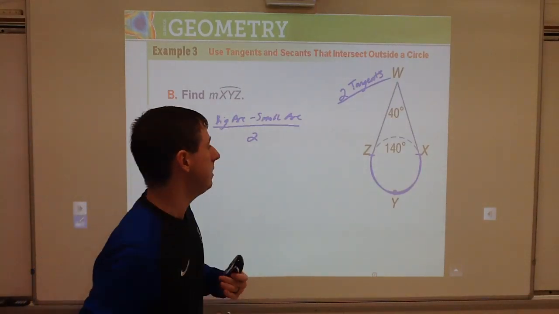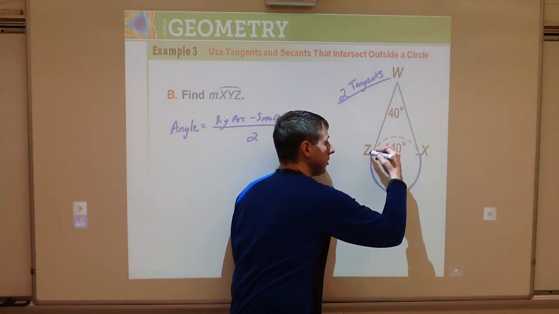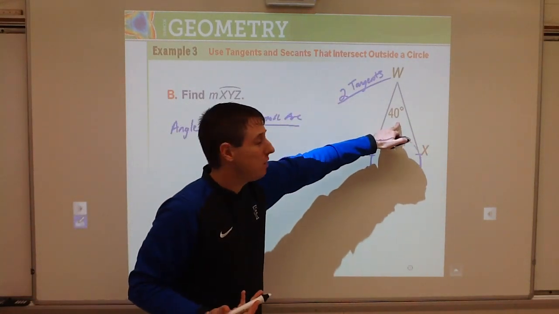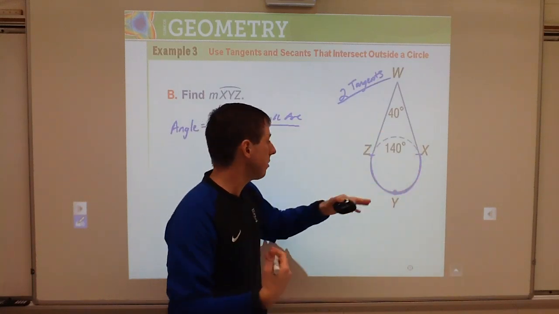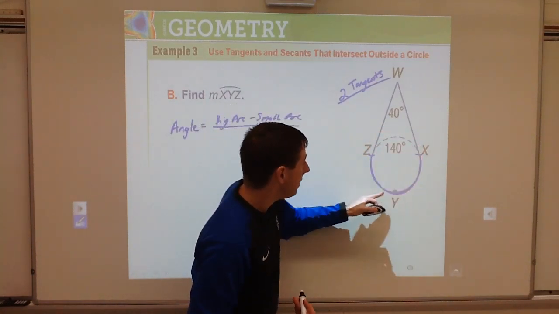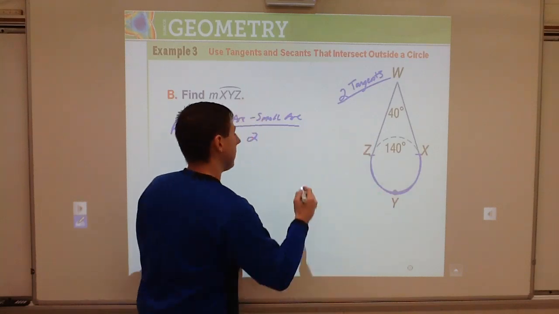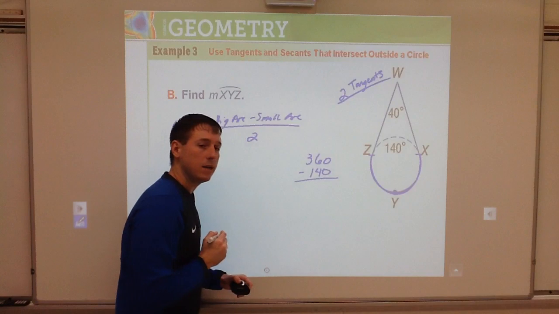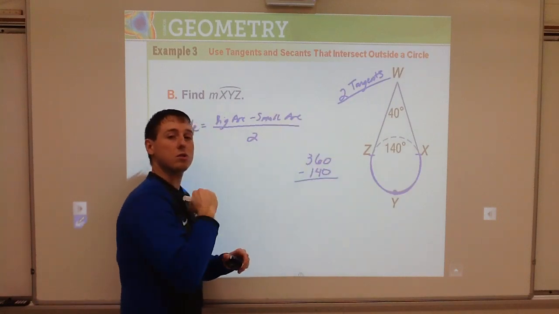Every circle is 360. If I know this arc is 140, then I don't care about that 40 at all, really. If this is 140, the rest of the circle is what I'm wanting. All I have to do is 360 minus 140. That's the rest of the circle.